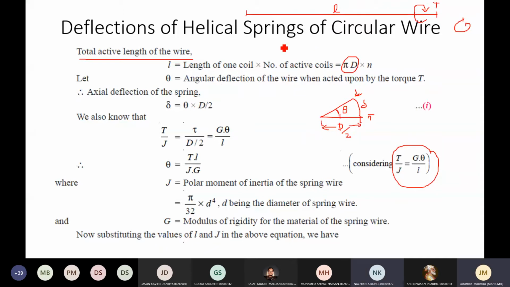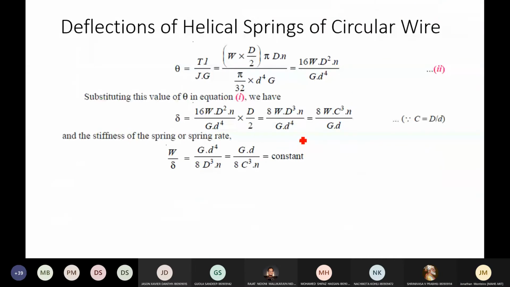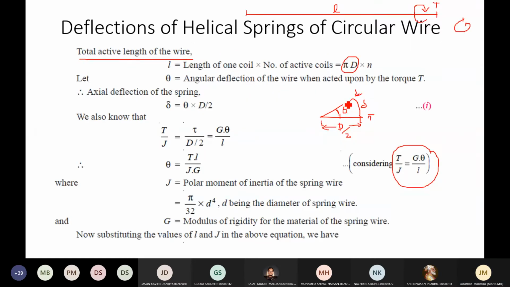Oh, okay, you are saying like that. Hold on. Derivation wise, it is quite high.